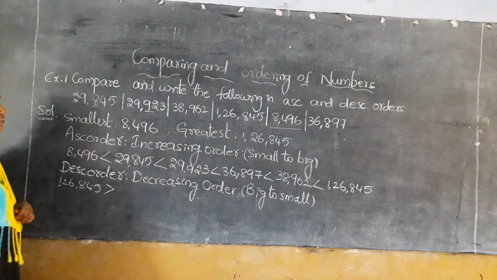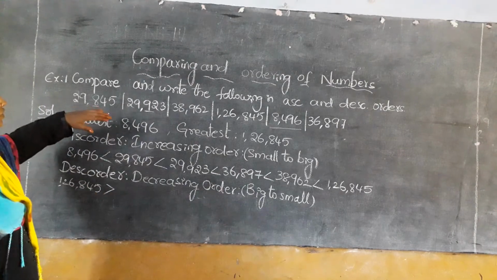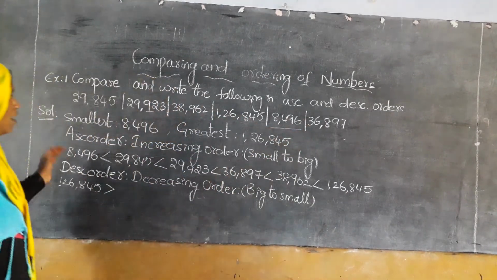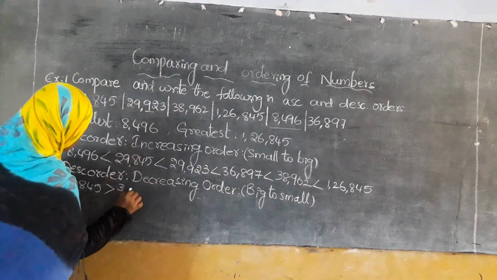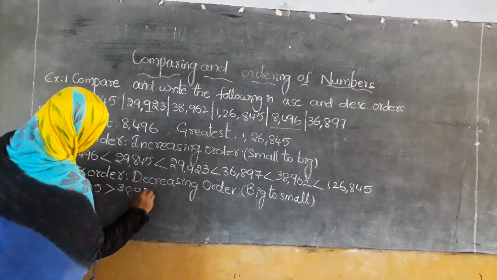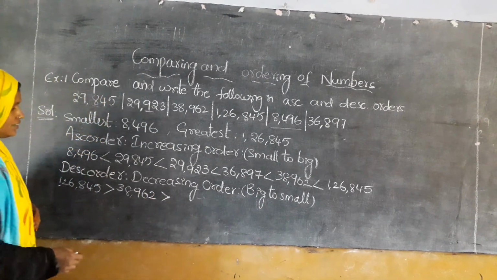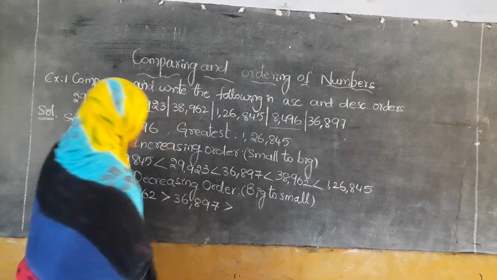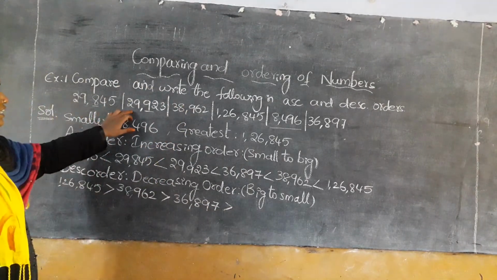1,26,845. After that, we have the 5 digit numbers. This is 5, 5, 5, and that also 5. Among them 38 is the bigger, so we take it in second place. After that, 36. After that, here 29, 29.